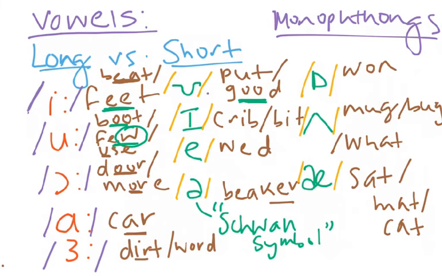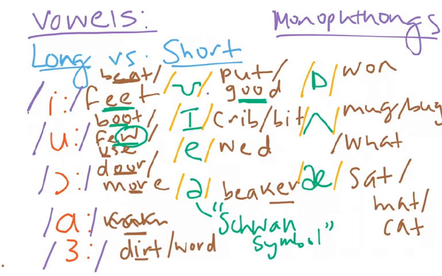It is considered a long sound because the AR combination sounds very long. I'm going to cross it out for now, because this is what we call an R-controlled sound, one of the types of R-controlled vowels. We'll discuss this in a separate video.